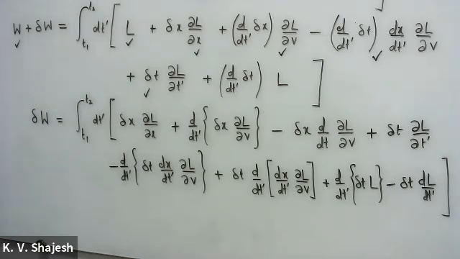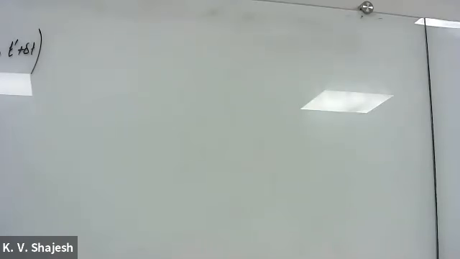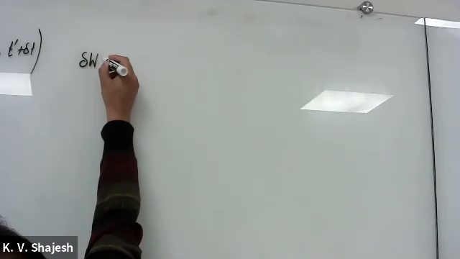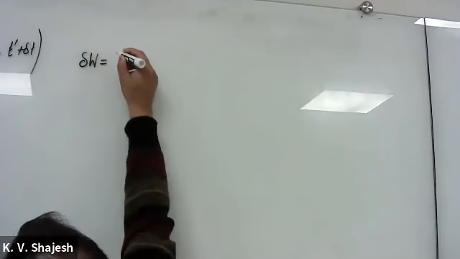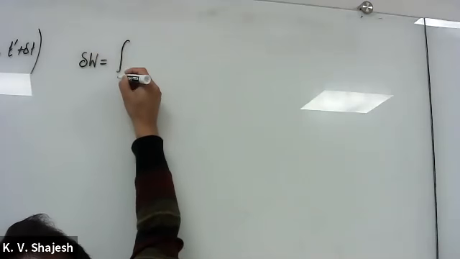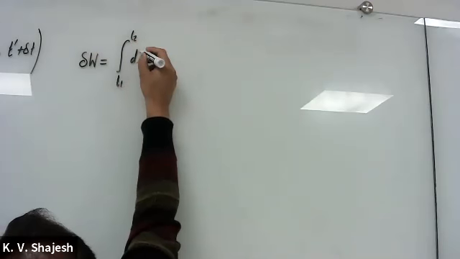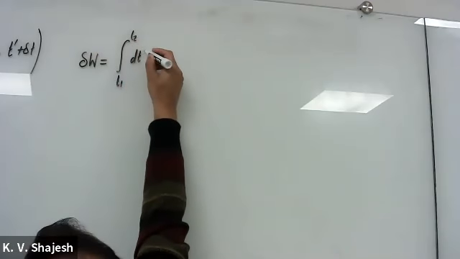Okay, so now if I were to put this all together, so I'm going to put this all together on the other side of the board, let's say. So this reads, I change an action is equal to this T1, T2, dt prime.